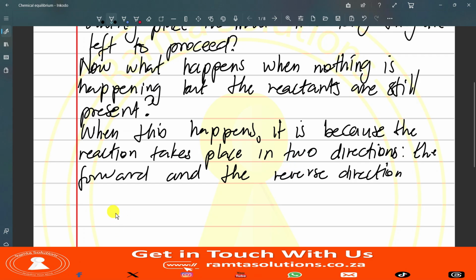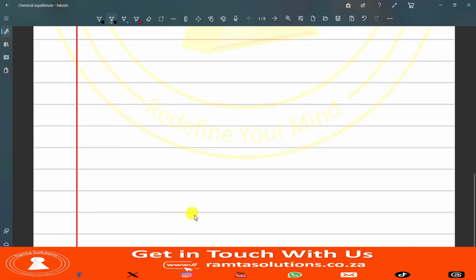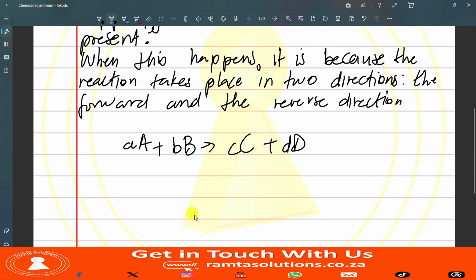So for example, let's say we have substances A and B giving us products C and D. Of course, the capital letters A, B, C, D being the substances, and the small letters being the coefficients in a balanced chemical equation.